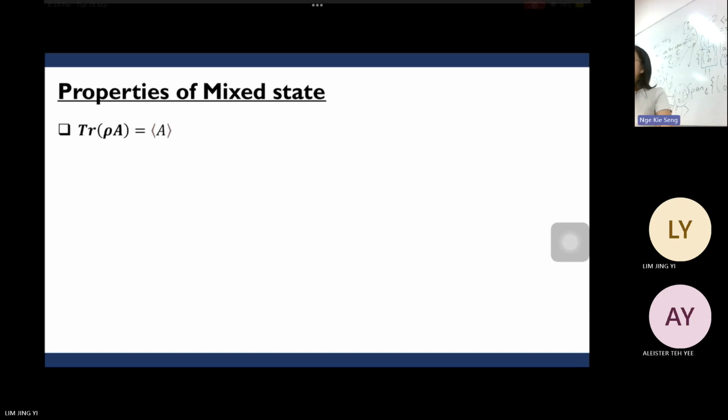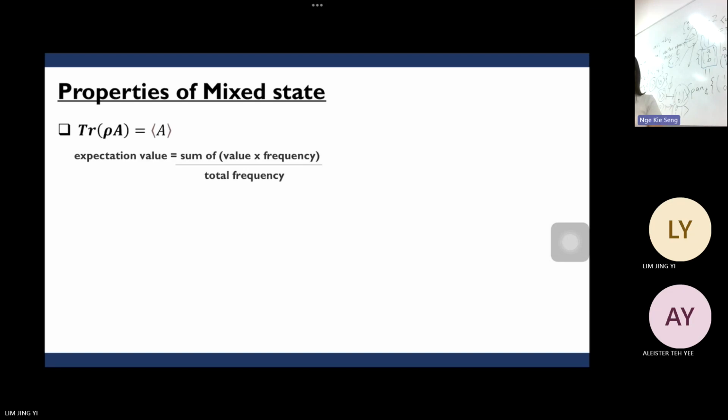The mixed state is also called a density matrix or density operator, or statistical operator, because you can represent it in a matrix form.